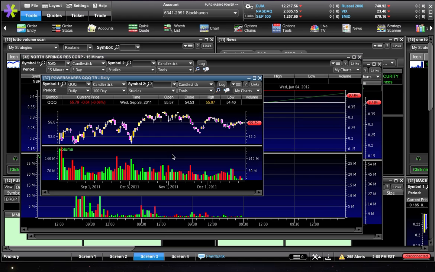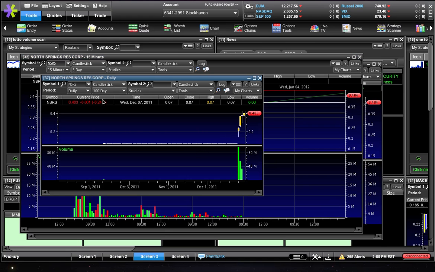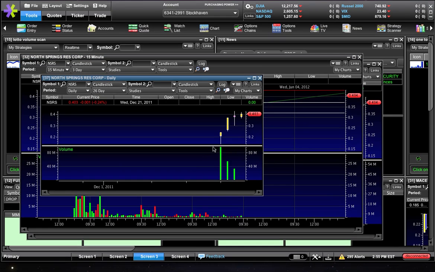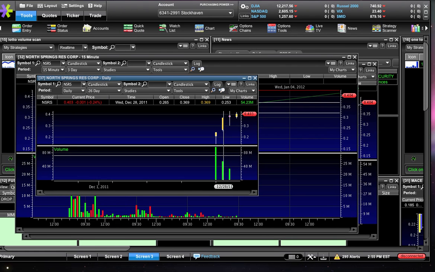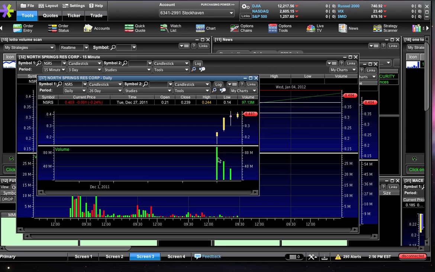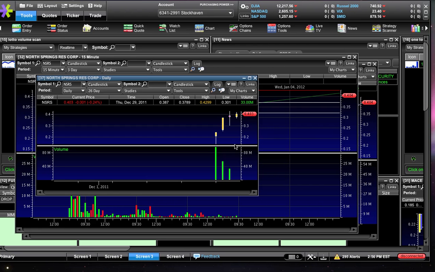You can see if we take a daily chart, just really simply look at it, the low on the first day was 14, the low on the second day was 25, the low on the third day was 30, the low on the fourth day was 36.5. So those are 4 higher lows. It's never gone below the previous day's low. So if it does, psychologically, you'll probably have a lot of people selling out and taking profits from the 20 to 25 cent range, because a lot of volume traded down there.